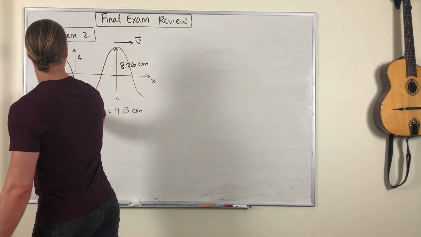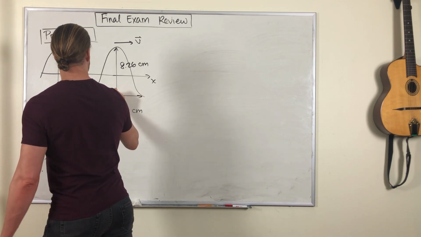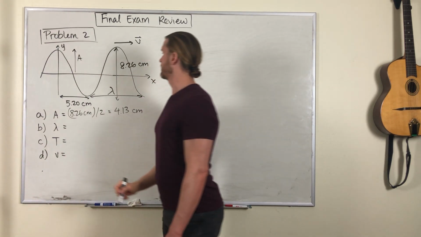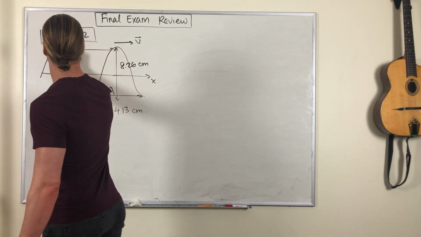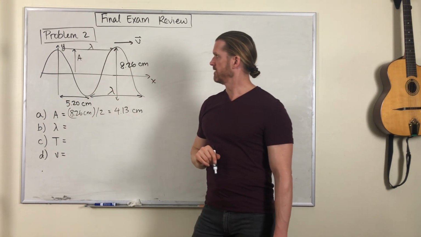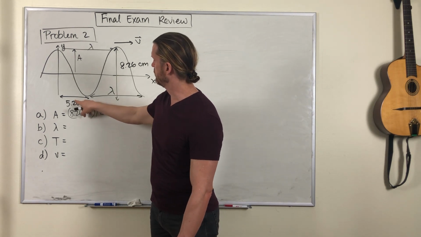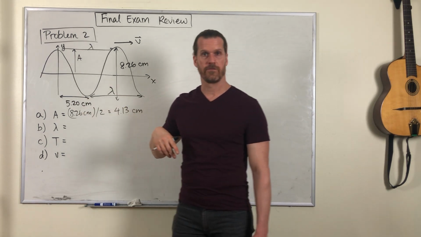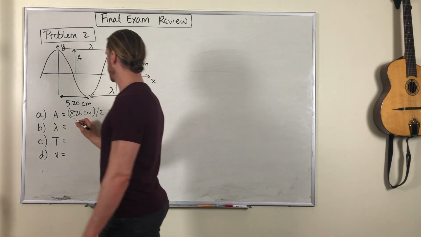So maybe I'll draw the wavelength like this. That's a wavelength. This is also a wavelength. And if you look at this picture, they are giving you not a full wavelength, but a half of a wavelength. So we need to multiply that by 2.